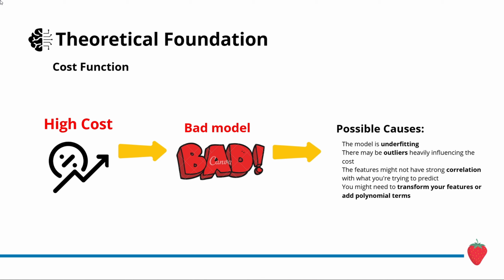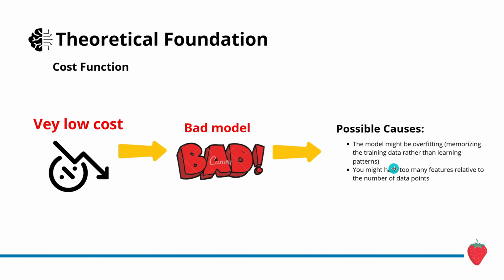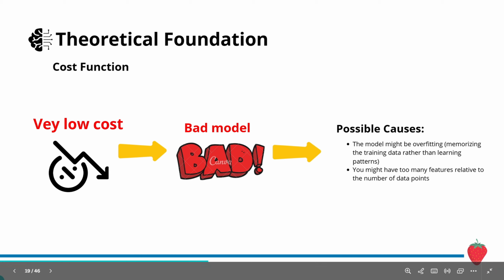And when the cost is very low, it can mean both things. It can be bad news or good news. Bad news if we take our model, which we trained on training data, and we try to test it on test data, and the values that are returned are quite not it. In other terms, it means that it's not good and it is overfitting.